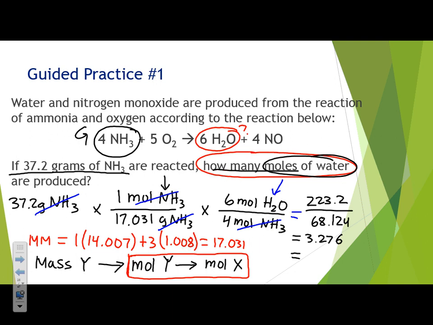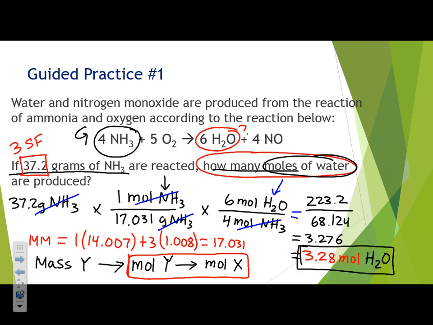Now we need to check for significant figures. In our problem, we were given 37.2, which has 3 significant figures. So our answer should also have 3 significant figures, meaning that it is actually 3.28. We were looking for moles of water, H2O. So this here would be our answer to the problem.